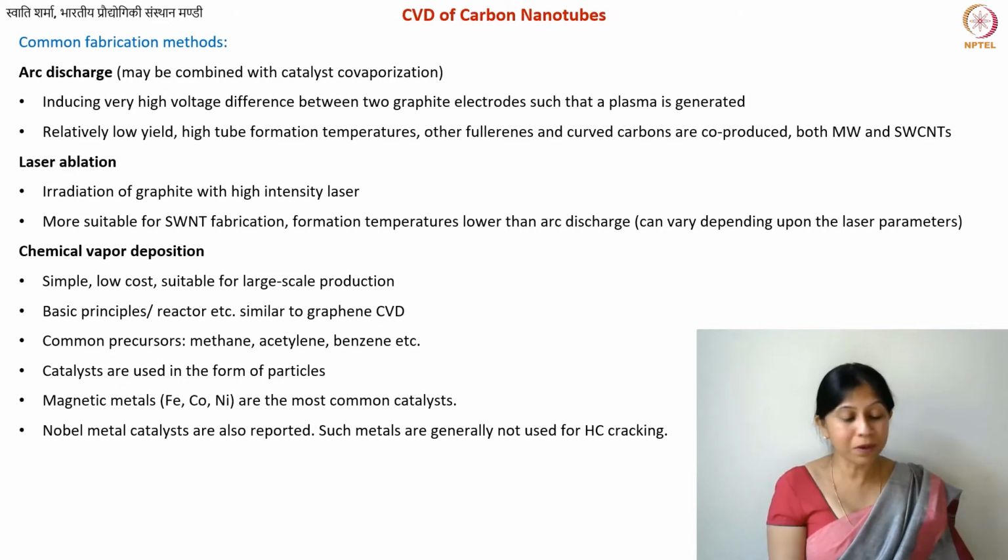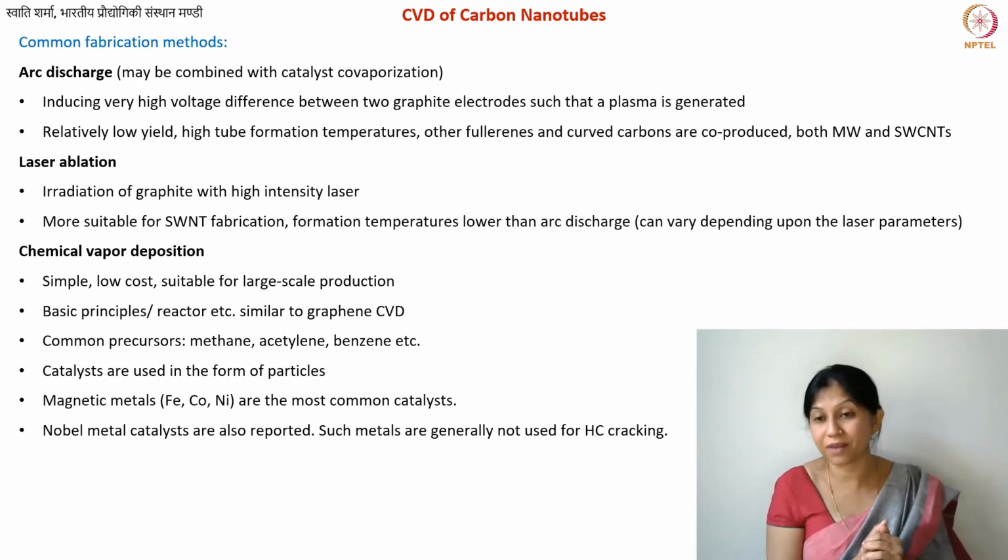But they are fine when it comes to carbon nanotube production. Even those catalysts which cannot be used for other bulk carbon production or carbon film production are reasonably good for carbon nanotube production, which still tells us that there is something very interesting going on when it comes to the mechanism of carbon tube formation. It is not just the same mechanism as in the case of graphene.